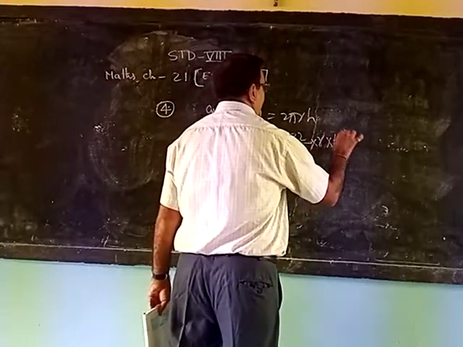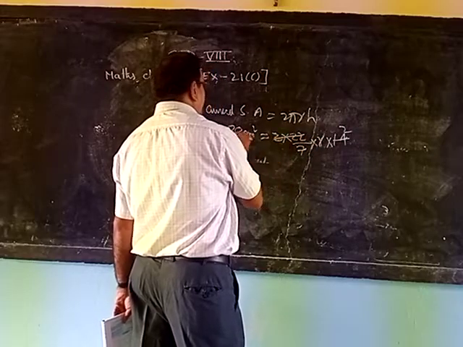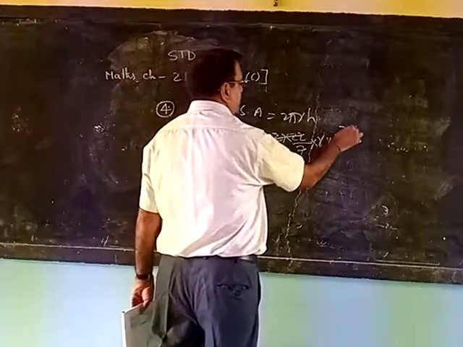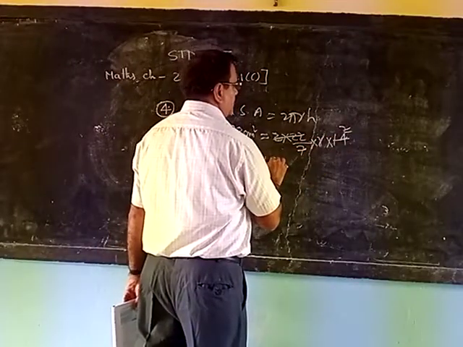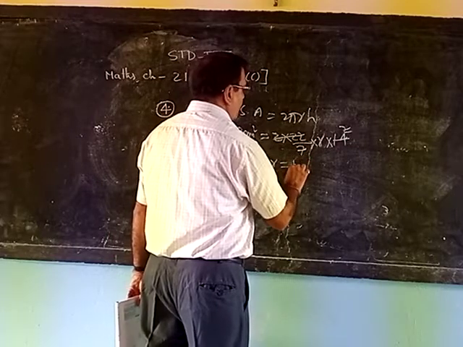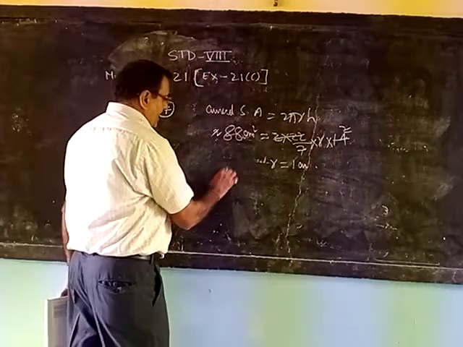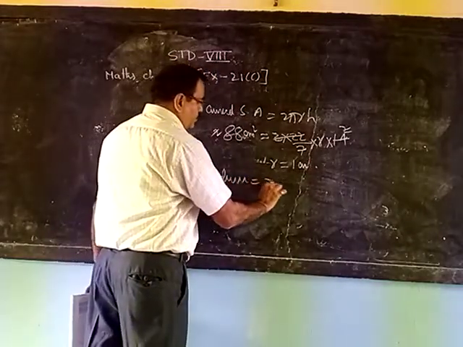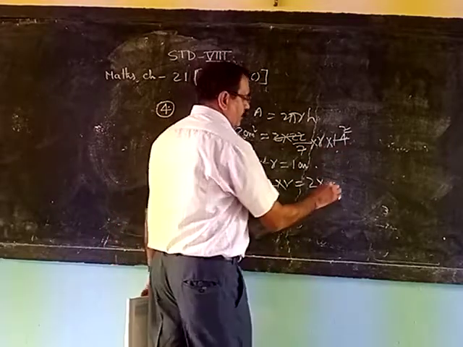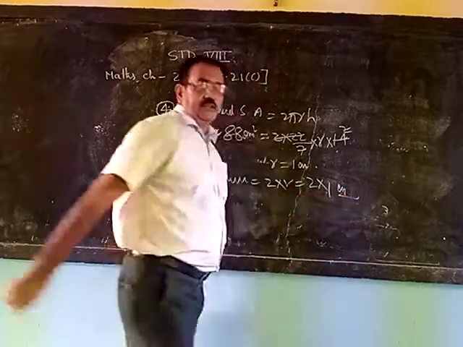So 7 times 14, 2; 22 times 2 is 44, 44 times 2 is 88. Cancel. So r is equal to 1 centimeter. What is the diameter? Diameter is equal to 2 into r, that is 2 into 1. Check the calculation, whether it is correct or not. 2 centimeter. This is the diameter.